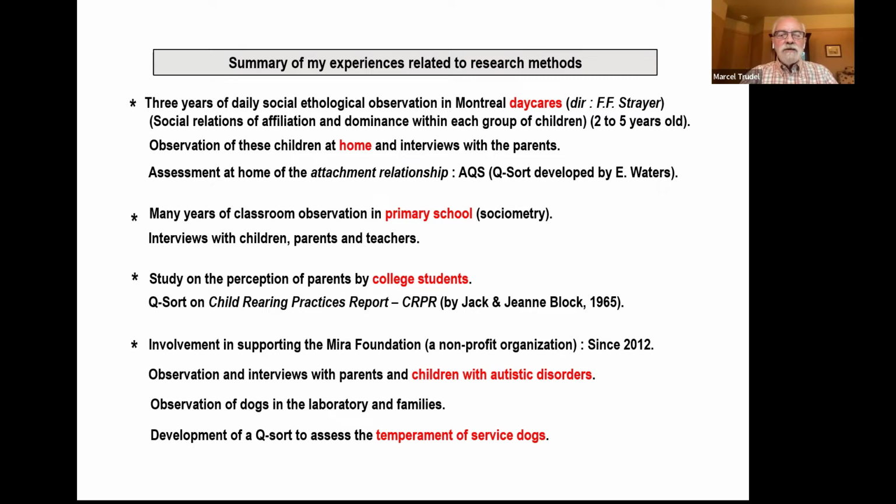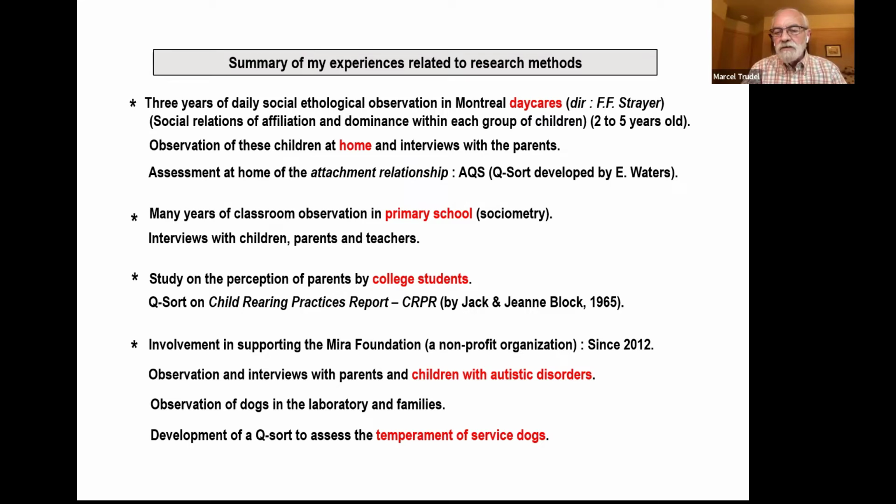And at that moment, I started to use the attachment Q set developed by Everett Waters. It was a more quantitative evaluation. After observation, I complete the attachment Q sort. I will talk about that later on. And after, I went to primary school to use sociometry evaluation.